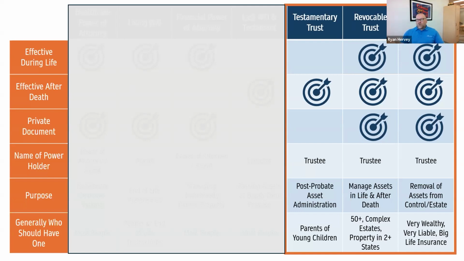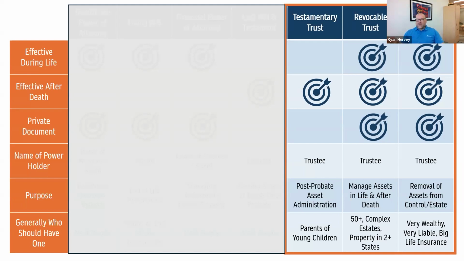So first and foremost, I'm going to go to a screen after this. It's going to talk about the creation, and that's going to make this part make sense. So you don't need to try to memorize this, but revocable trusts and irrevocable trusts become effective during your life. A testamentary trust is created in a different way, and so there's a different effect on it.